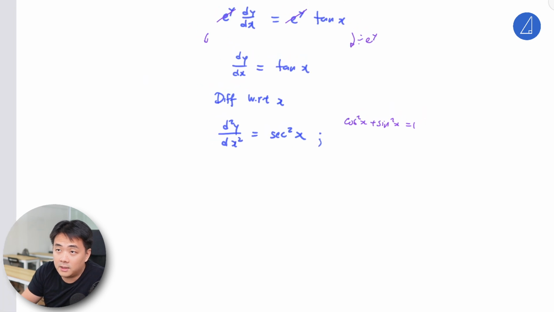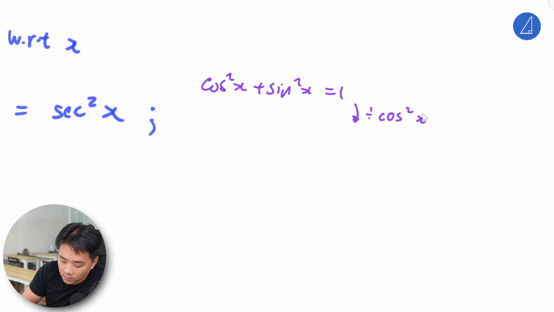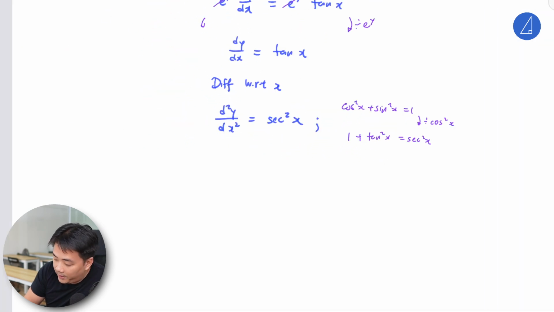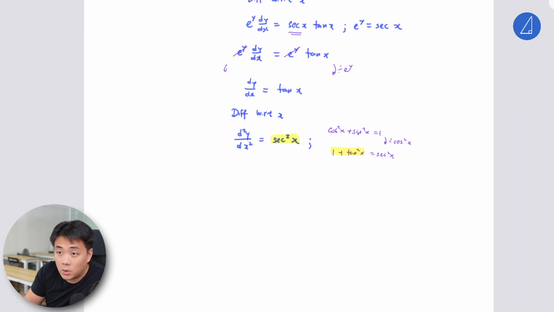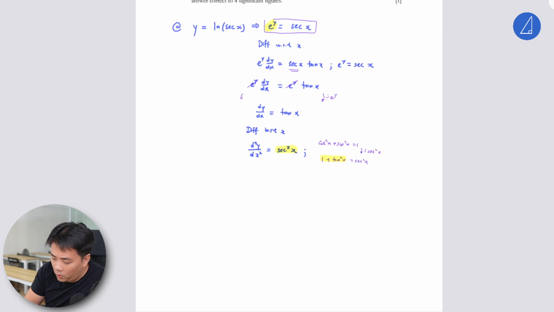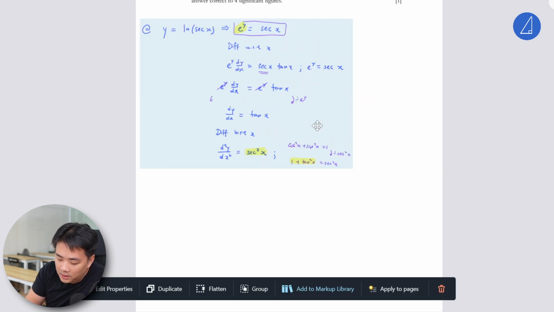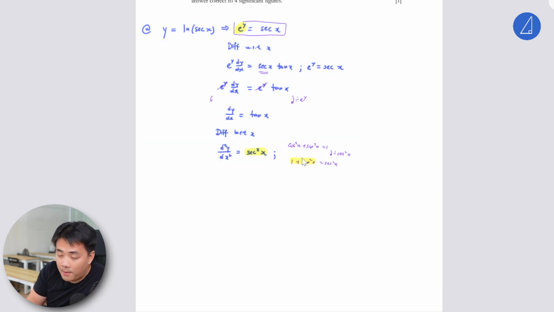Usually I'll say try and know how to derive this formula. Divide by cosine square x, and what we get is 1 plus tangent square x equals secant square x. We could just write secant square x as 1 plus tangent square x. So try to know how to derive this formula, because this is not given in MF27.